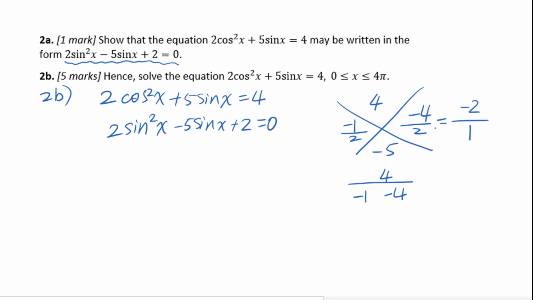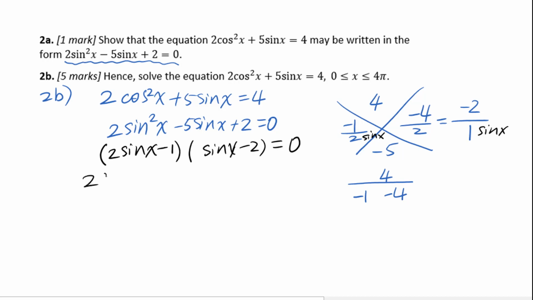The variable is sine x. Bottom up, we will write down the factors like this: 2 sine x minus 1, sine x minus 2 equals 0.